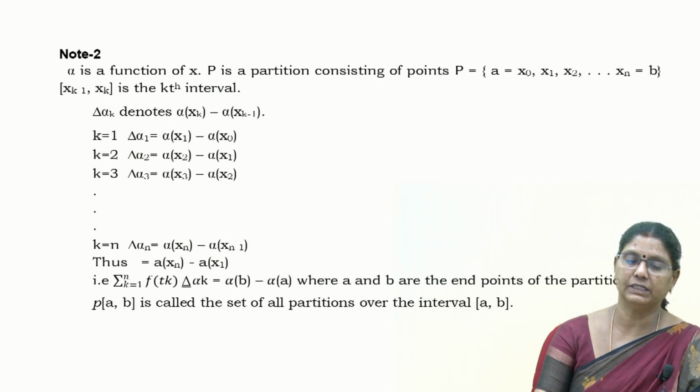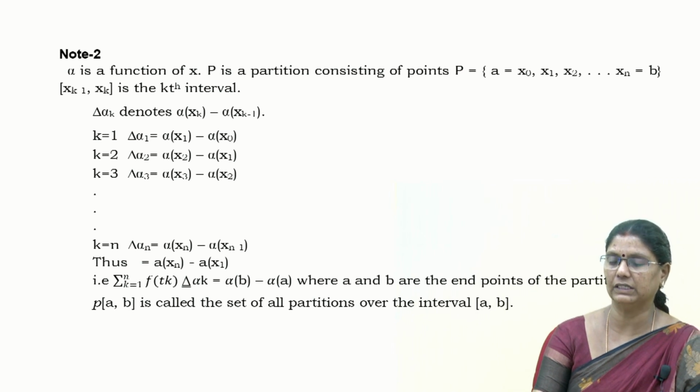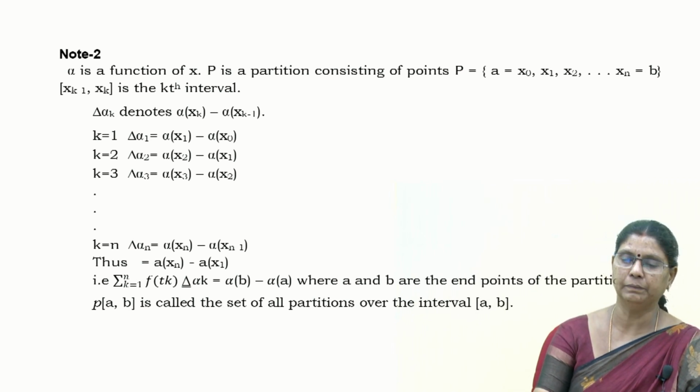Next, alpha is a function of x. P is a partition consisting of the points x0, x1, and so on up to xn, and the kth subinterval is the closed interval [xk-1, xk].